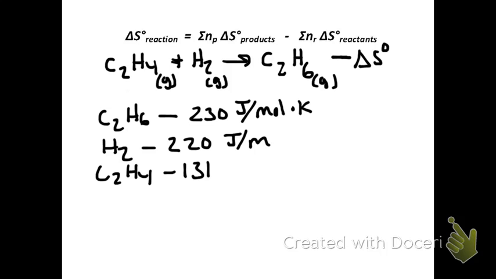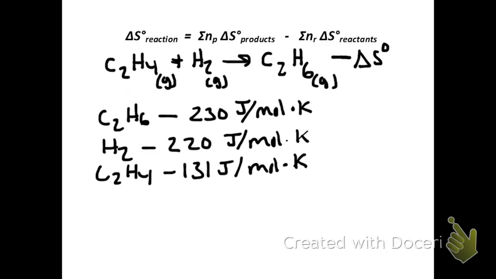This is different because delta H is in kilojoules per mole, but here it's going to be joules per mole Kelvin. Okay? So now let's throw these into our equation up above.